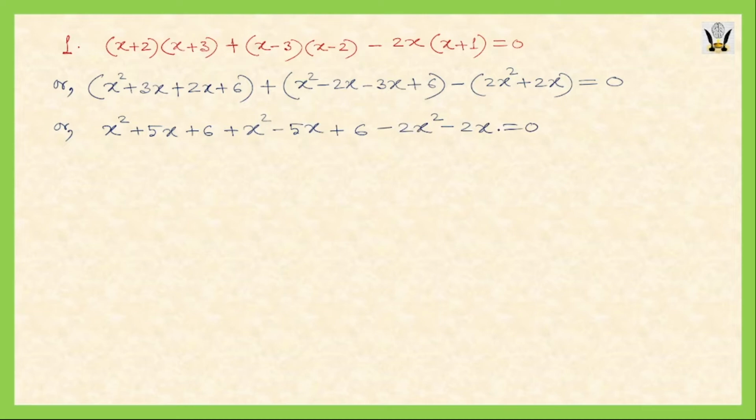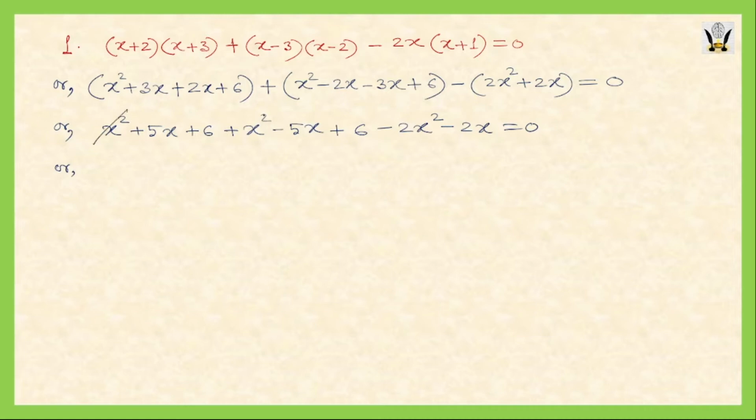Now we are solving a linear equation. It apparently looks like it is not a linear equation because the highest power of the variable x is 2, but in a linear equation the highest power of the variable should be 1. Then how is it a linear equation? If we simplify further, x squared plus x squared becomes 2x squared, and then we have an x squared term with coefficient minus 2.